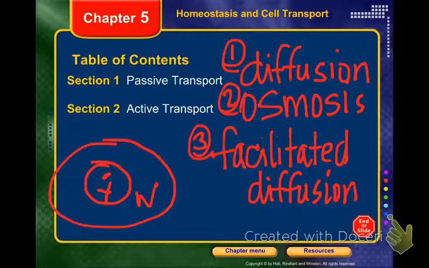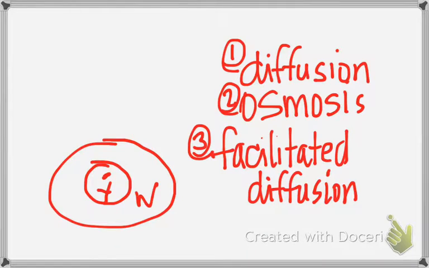So, which one of these can we eliminate as not having observed? Well, I'm hearing different answers, so let's first make sure that we understand what each one of these things is, okay? So, diffusion.